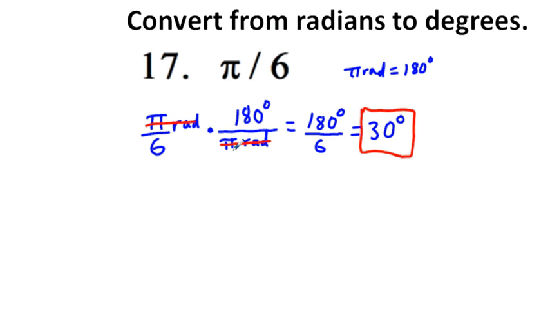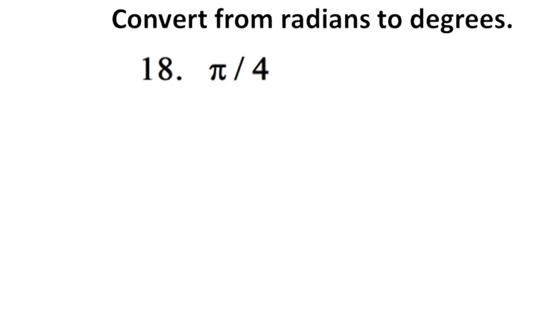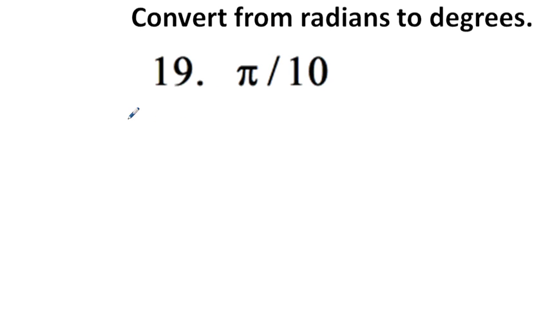Next, let's go to the next odd problem, which is 19. We have pi over 10. So again, we're going to say we have pi radians over 10, and we multiply by 180 degrees over pi radians.